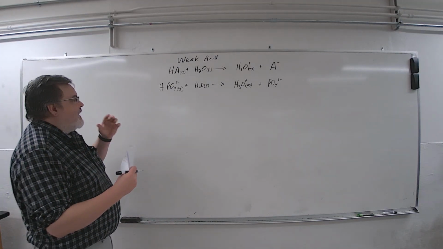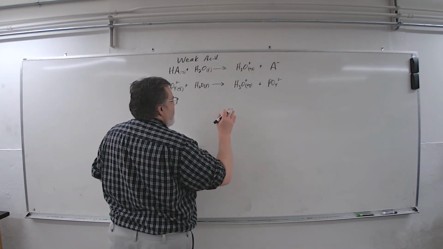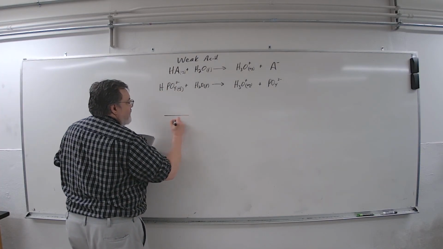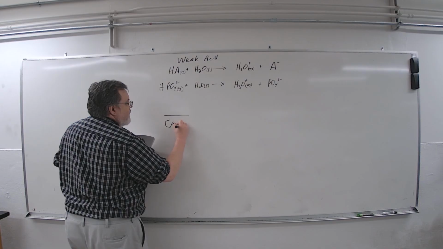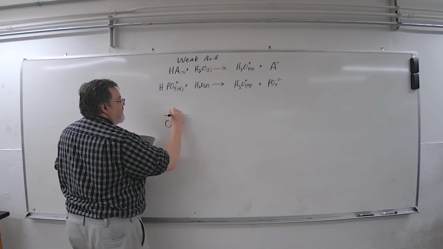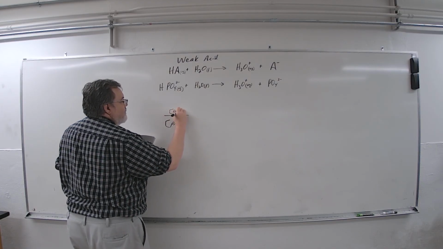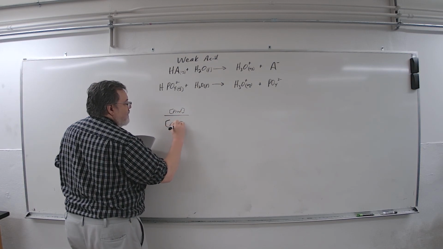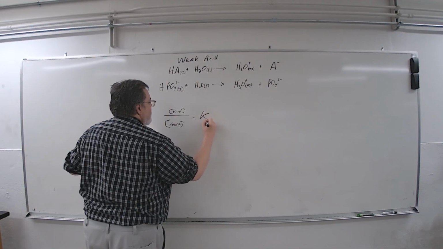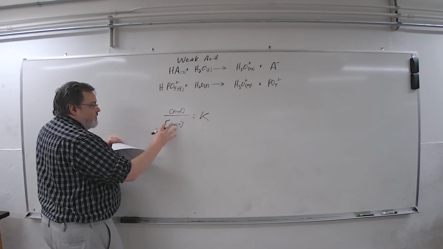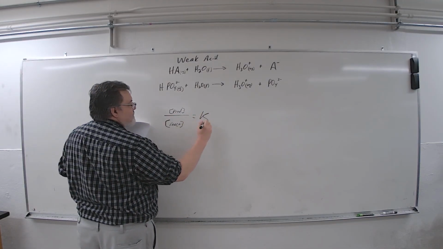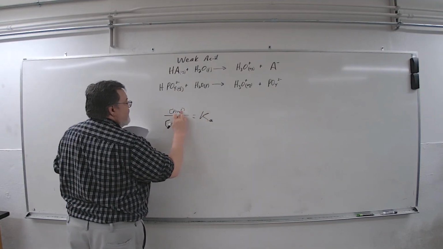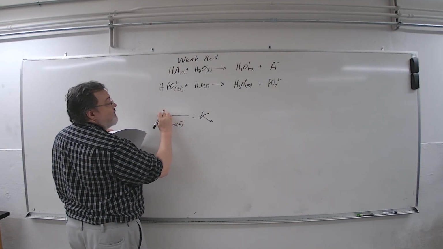And then just as a reminder, just like we did for equilibrium, where you would put concentration of products over concentration of reactants equals K in general. Meaning more specifically, I'm going to say Ka, this is kind of a review of something I did before.